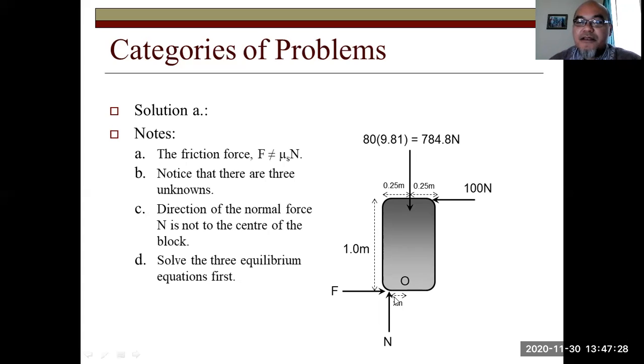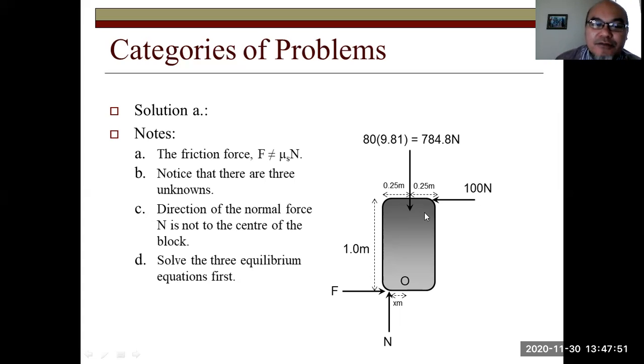This xm, the location of the normal force, the friction force itself, and the N, the normal, which is not known. The direction of the normal force N is not to the center of the block. Why? Yeah, because there is this moment caused by the 100 Newton force.